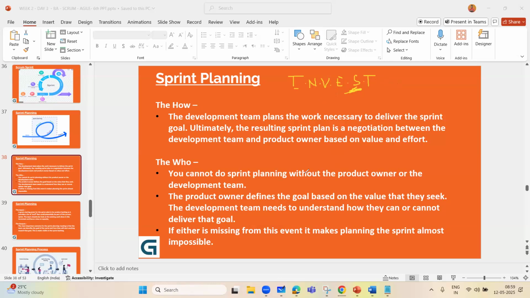Simply, logically speaking, if you have to consume an item which is big and long, what will you do? Break it down. So if your user story is not small enough, you will make it small. How will you make them small? You will break it down.